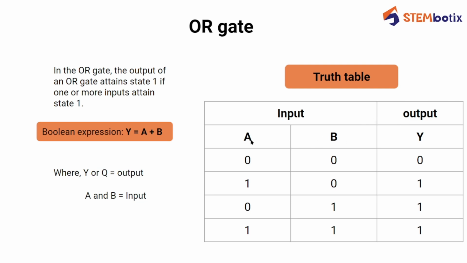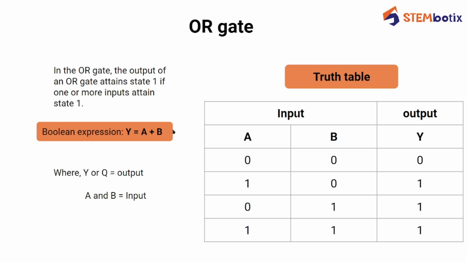If A is an input, B is an input and Y is the output, this OR gate performs the OR operation, which means plus: Y equals A plus B.